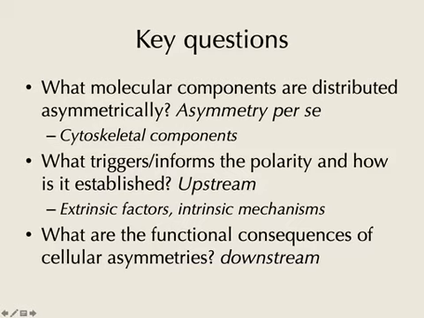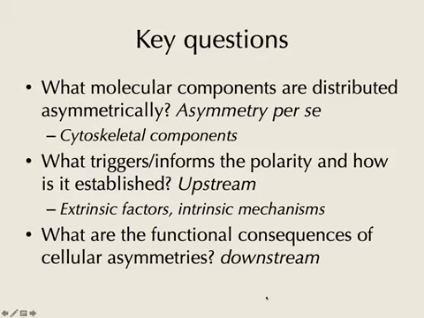So there are often extrinsic factors, and one of the important points we're going to have to think about is, if you have extrinsic information telling you this is where I need to go or this is what I need to run away from, then you need a relay. You need some mechanism to sense that, and you need some mechanism to convert this initial polarity or asymmetry into an intrinsic polarity. Okay, so we're going to have to think about those things.